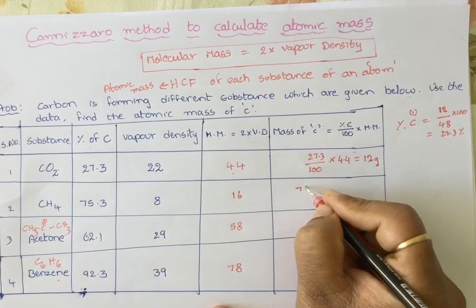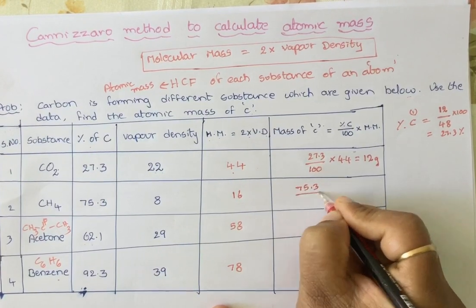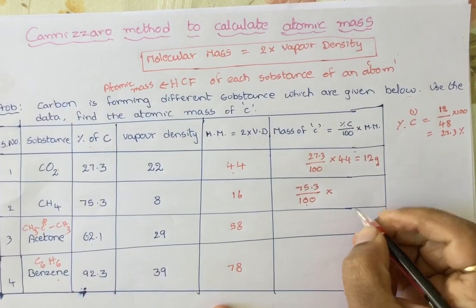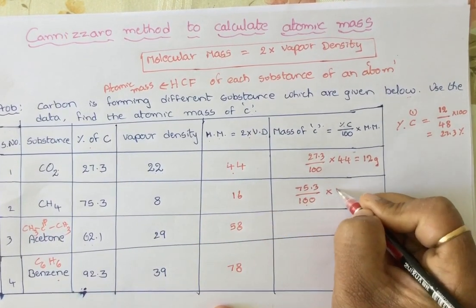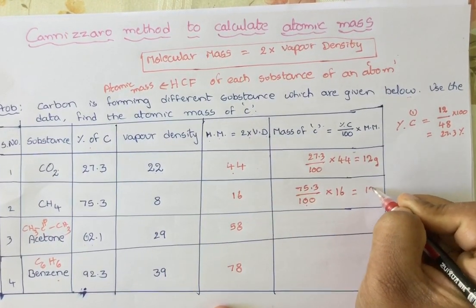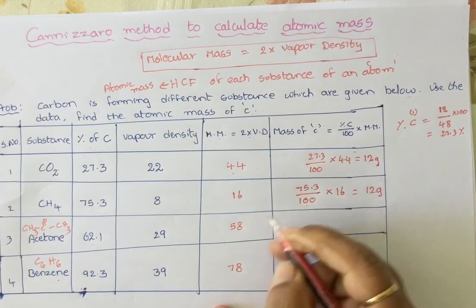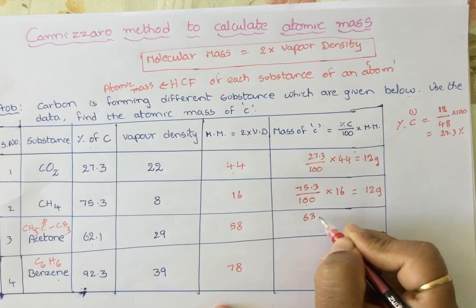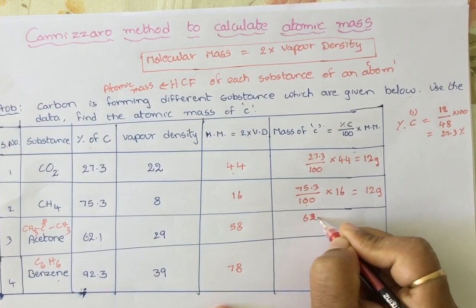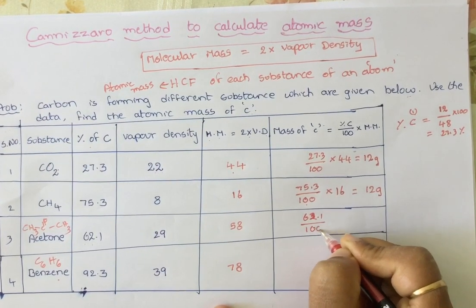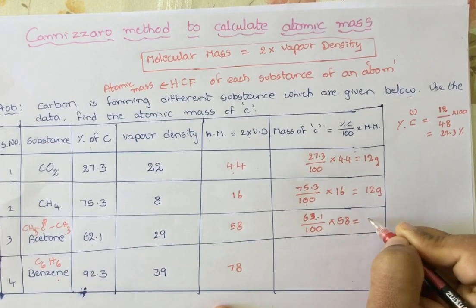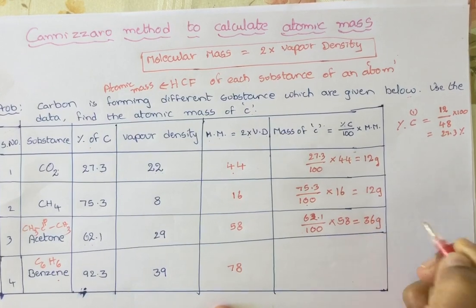For methane, 75.3% carbon is there. So 75.3 divided by 100, multiplied by 16, that equals 12 grams. Similarly in acetone, find the mass of carbon: 62.1 divided by 100, multiplied by 58, that is equal to 36 grams.